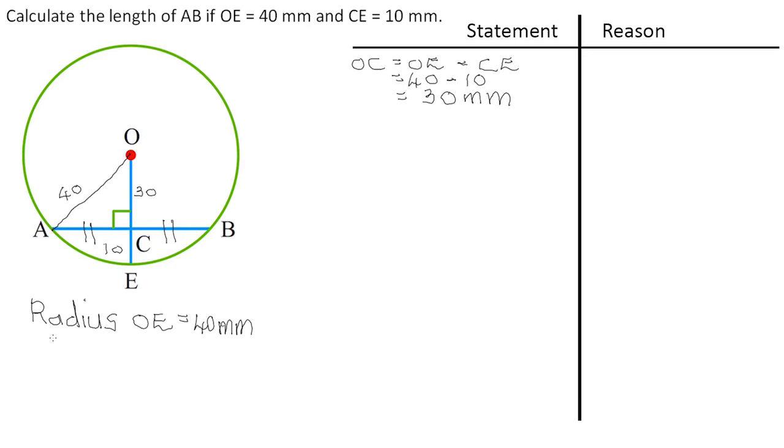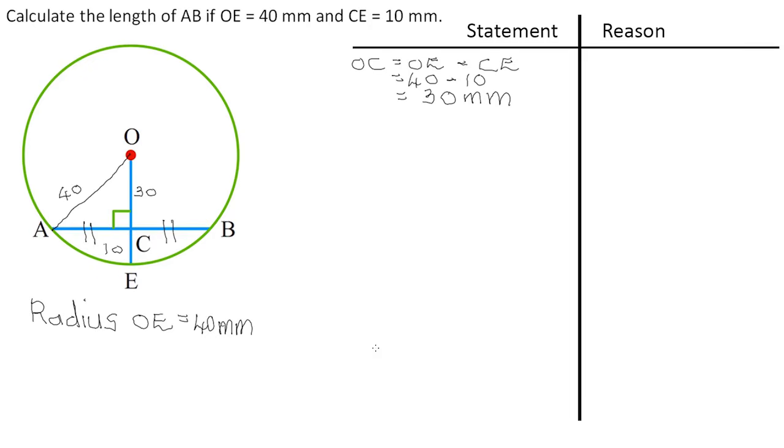What do we need to calculate here? We need to calculate AC, which is one of the right-angled sides. And why do we need Pythagoras? Because it is a right-angled triangle. Two sides are given, meaning that I need to find the value of AC, which is one of the right-angled sides.